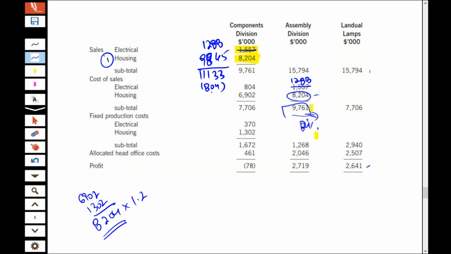This remains 804. This remains 6902. This remains 370. This remains 1302. So you have 11133 minus 804 minus 6902 minus 370 minus 1302, which makes it 1755. Then the allocated overheads, which is 461.